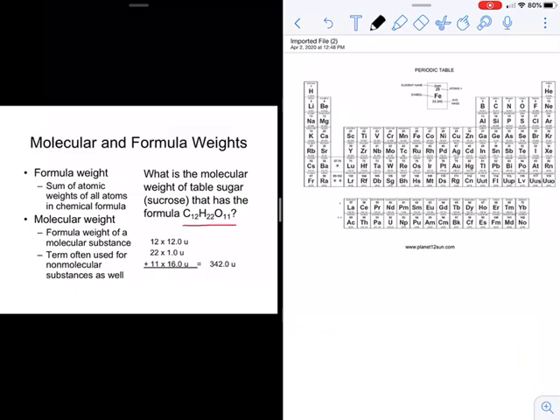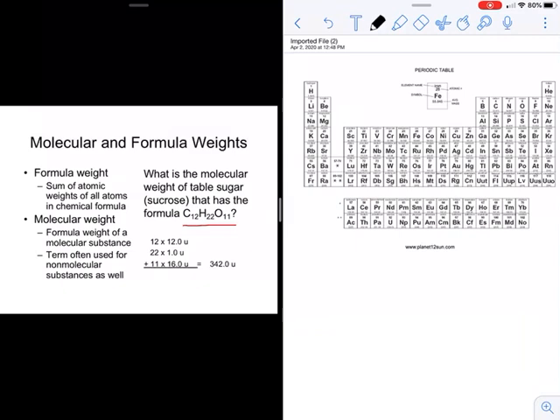That's what's known as sucrose, the actual name for table sugar. So what does the 12 tell you on the carbon? It tells you that there's 12 of them. The 22 tells you that there's 22 hydrogens. The 11 tells you that there's 11 oxygens.